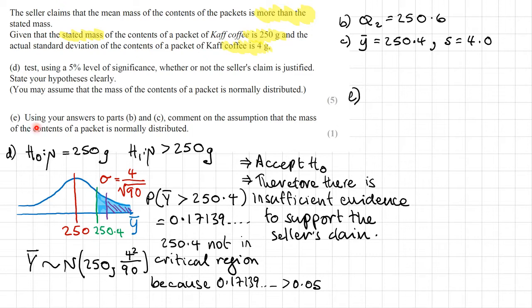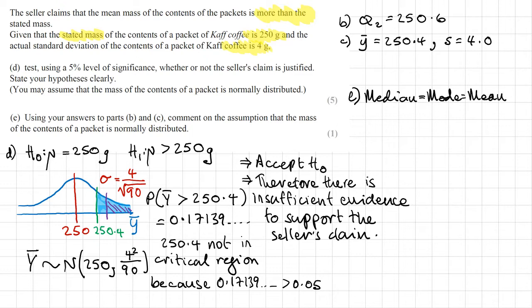So part E, using your answer to part B and C, comment on the assumption that the mass of the contents of the packet is normally distributed. Now, what's special about a normal distribution is that the median, that's Q2, the mode and the mean are all equal.